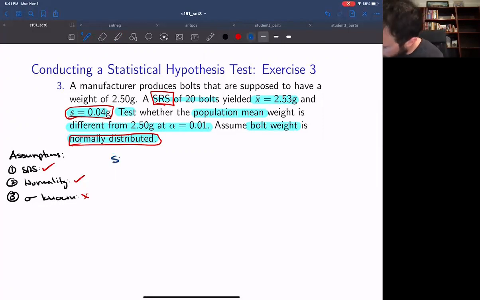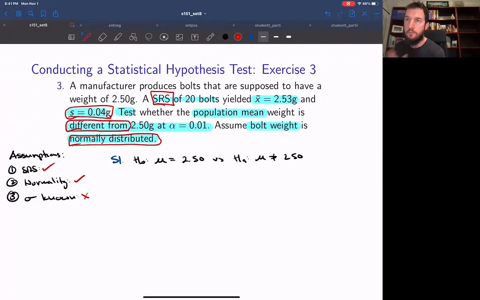On step 1, we have H0: mu equals 2.5 versus HA: mu does not equal 2.5, because we're asked to test if it's different from, not equal to. Step 2, alpha equals 0.01. That's given to us in the problem.